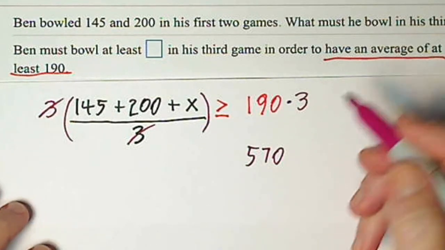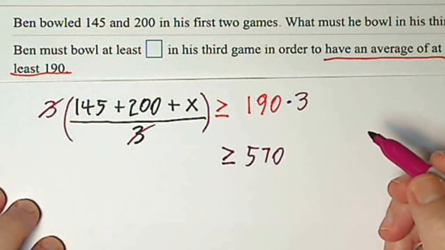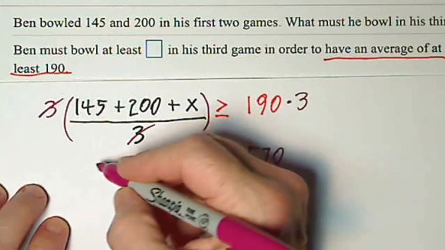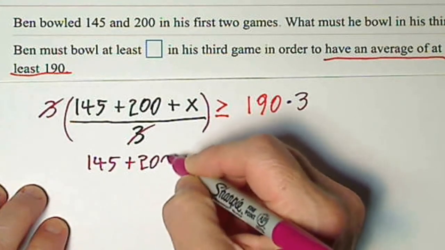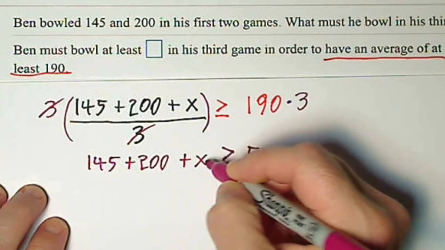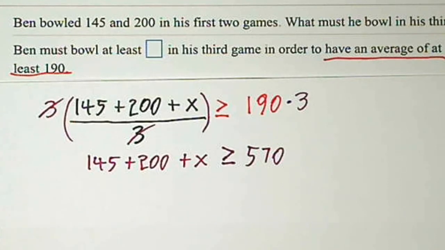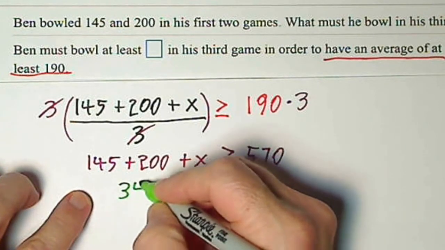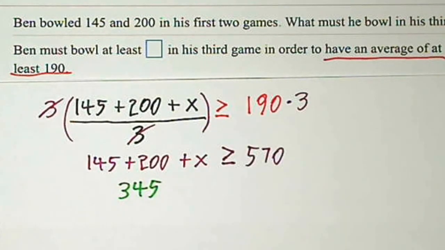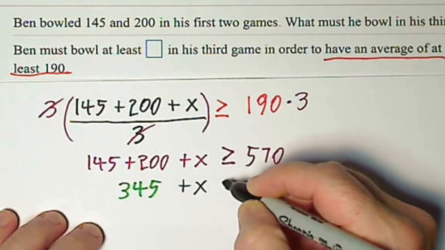So this ends up being 570. Inequality sign stays the same. And then we have 145 plus 200 plus x is greater than or equal to 570. We'll combine our like terms. So that's 345, bring everything else down.